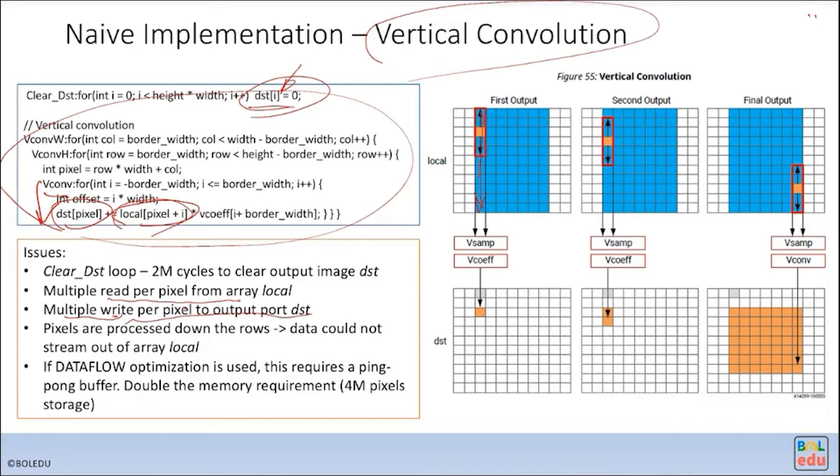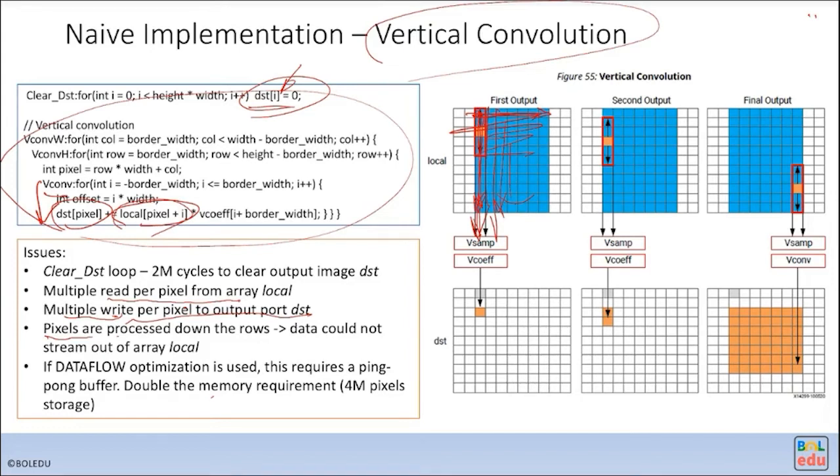Also, those pixels are processed down the row, going this way, so the access scheme is different from how the array is produced, so it cannot be used for data flow or streaming. Remember, when you push in the array, you are doing it this way, and when you read out the data, you're going this way. So you cannot use data flow.